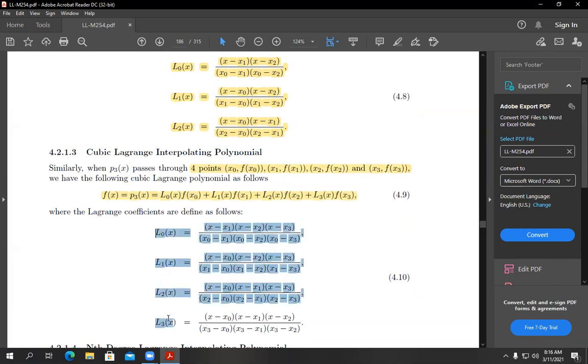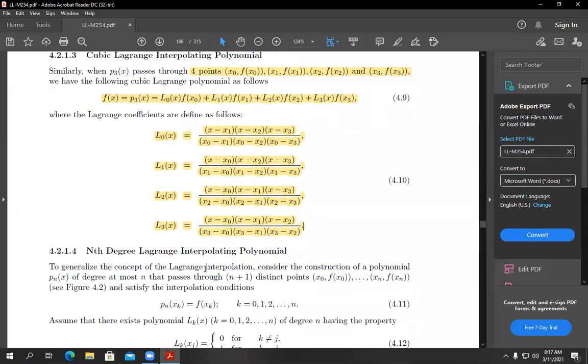Of course, we have to calculate the 4 coefficients L0, L1, L2, and L3, because you are given f(x0), f(x1), f(x2), and f(x3). The only unknowns are L0, L1, L2, and L3, which you have to calculate. The same thing: now you have a 3-term numerator and a 3-term denominator, and in the same way, you never have x0 on top, and in the denominator you put x0 in place of x.